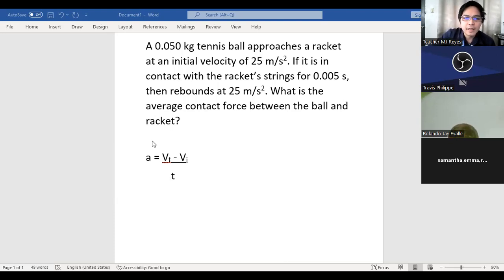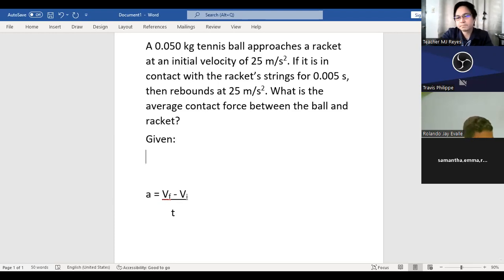Again, in answering scientific problems, we always start with identifying the given. What are the givens there? Okay, the givens are the following. The initial velocity, the VI.